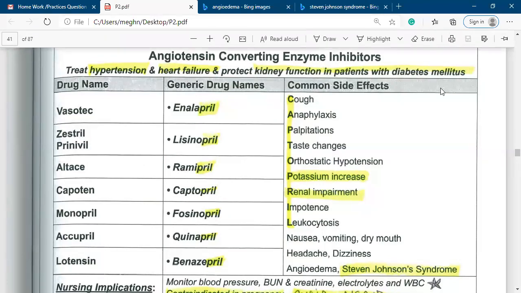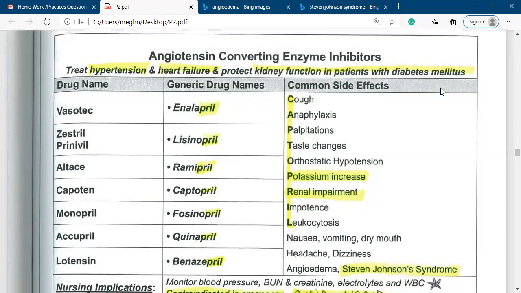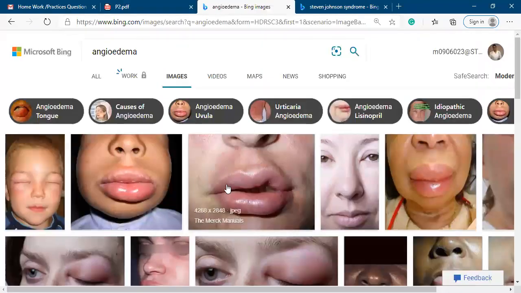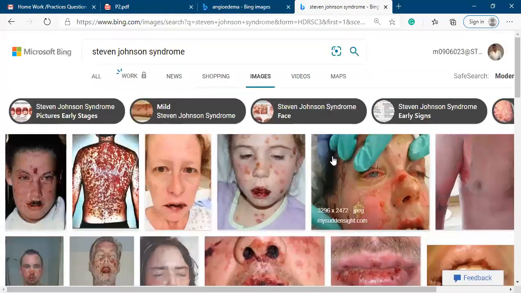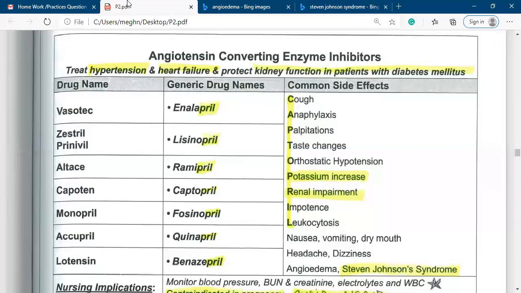So you must remember before going into the NCLEX board exam, they cause dry cough, not productive. They can cause angioedema, like this picture, swelling of the lips, or they cause Stevens-Johnson syndrome like this.